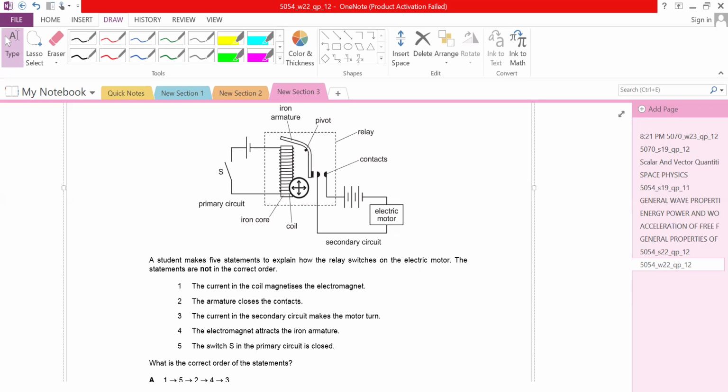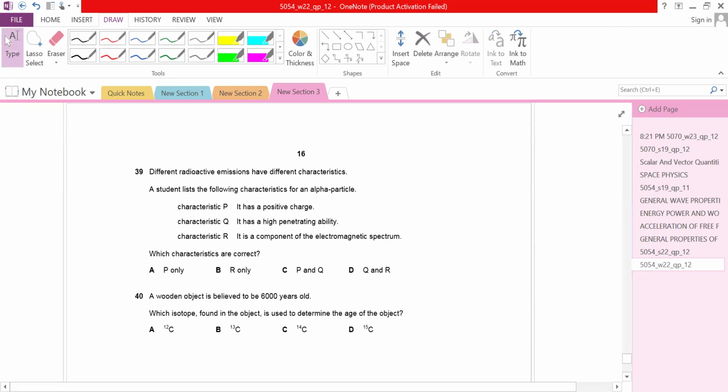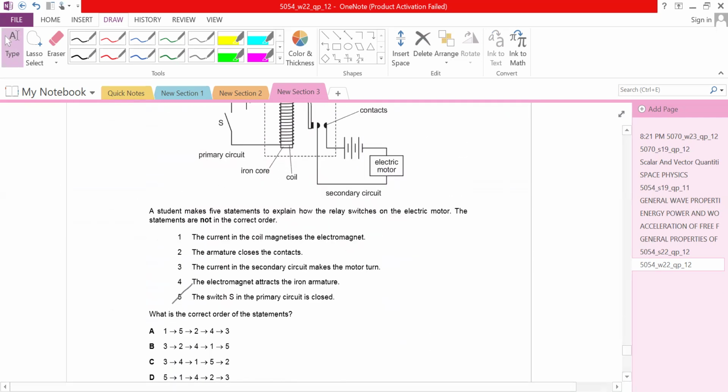The electromagnet attracts the iron in the armature. The switch S is in the primary circuit. Switch S in the primary circuit is closed. So this is the first step to switch on a motor using a relay.